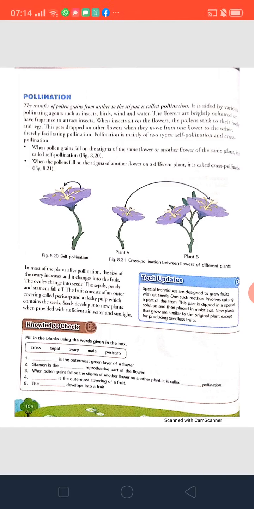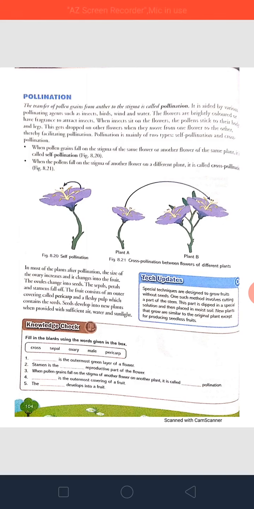Now beta, pollination is also of two types. Pollen grains are transferred from the anther to the stigma. If the transfer occurs within the same flower, or you can say to another flower belonging to the same plant, then it means self.